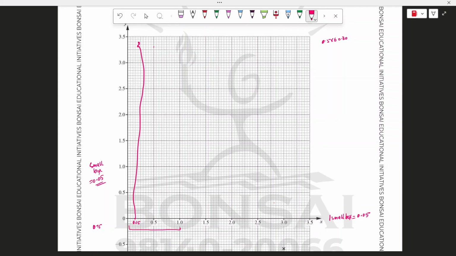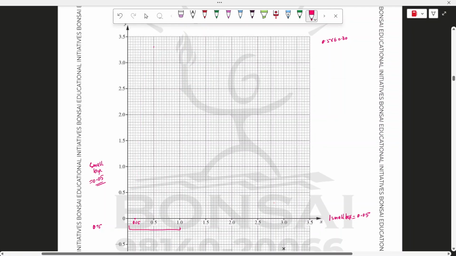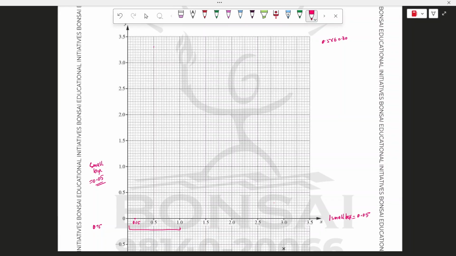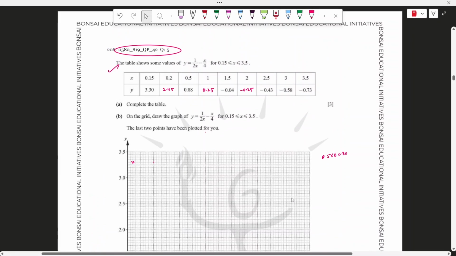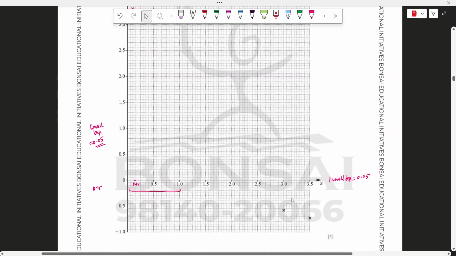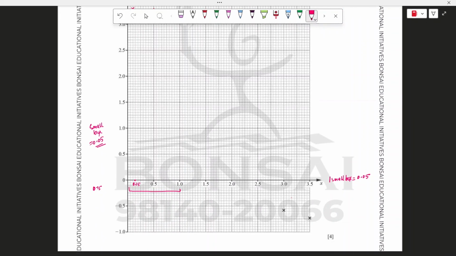This is the first, second, third point. 1, 2, 3. So we got the first point here, 3.3. Second is 0.2, 2.45. 0.2 means we have to move 1 point further, fourth box here.